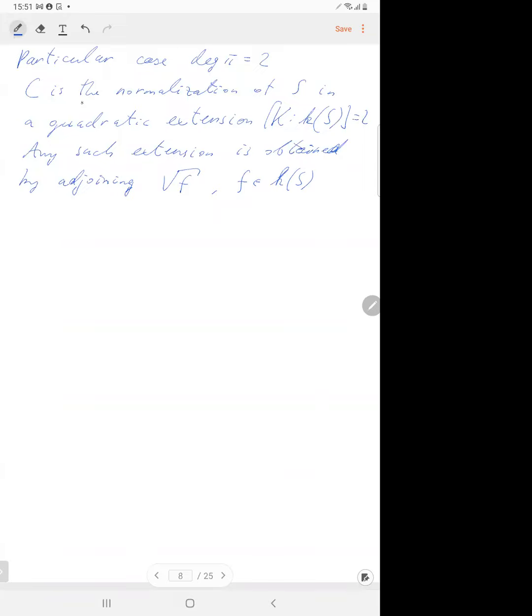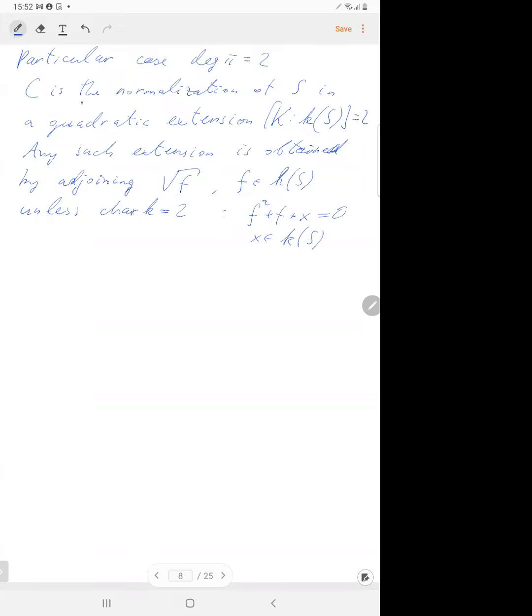No, nobody knows. Well, unless the characteristic of K is 2, certainly true, and then you may need f squared plus f plus some function on the base.